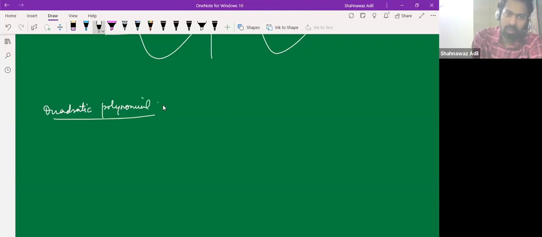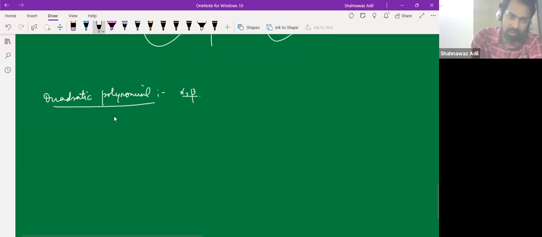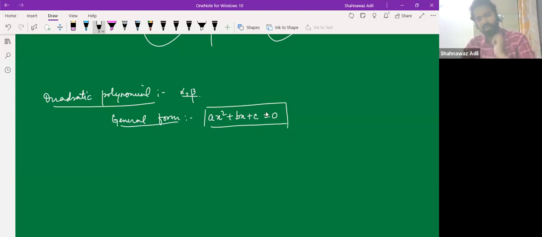The quadratic polynomial has two roots, alpha and beta, and the general form was ax squared plus bx plus c, and the quadratic equation was this equal to zero, right? Where a, b, and c are the coefficients and constants of the quadratic polynomial or equation.